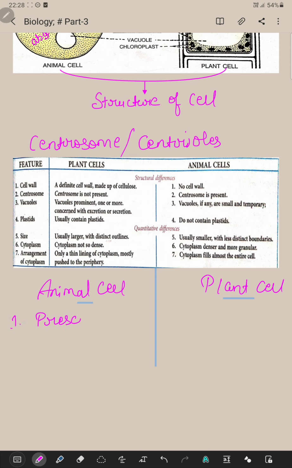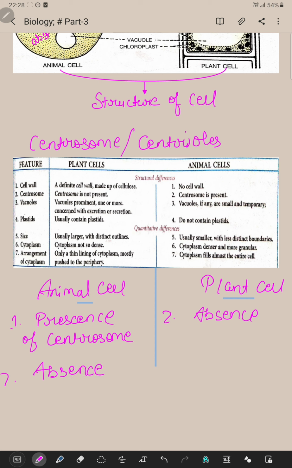So we have the presence of centrosome, and we have the absence of it. Here, what is the absence? The absence is of chloroplast.